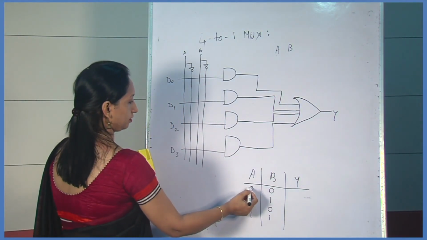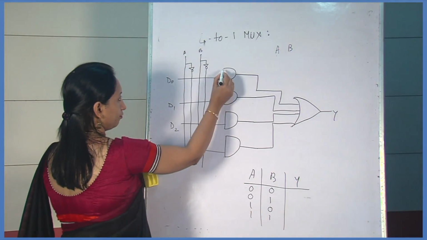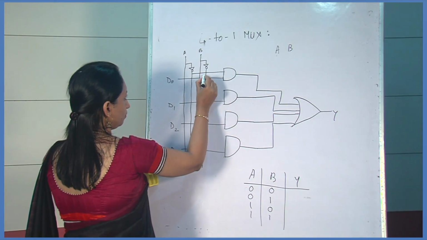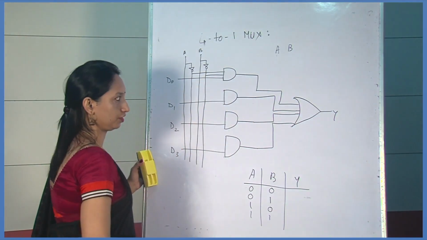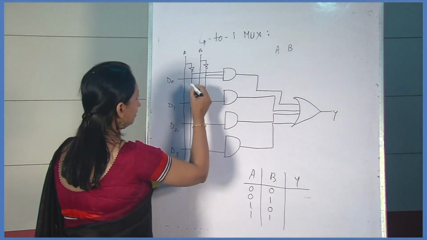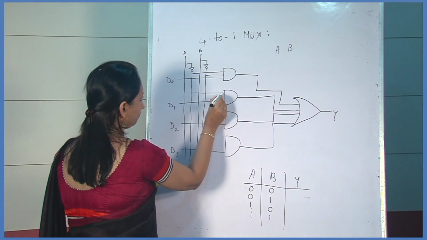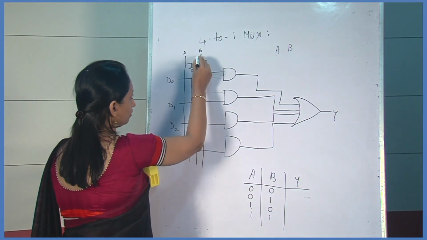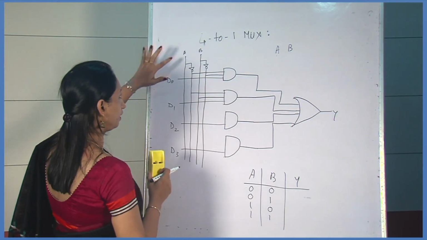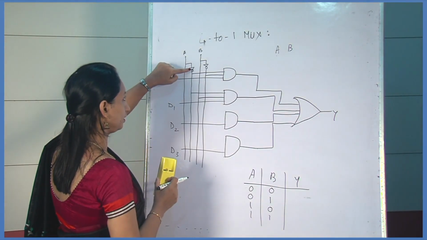So first, A and B are 0, 0. That means in the first gate, A goes through the NOT gate to give 0, and B is 0. This will be the input. In the second case, 0 1. That means A is 0, so from this line, then B is 1, so from this line. Here both inputs are 1, 1, and we apply a NOT gate to make it a 0 input.